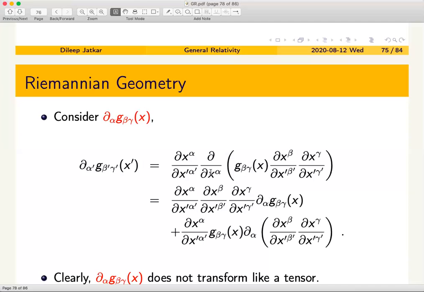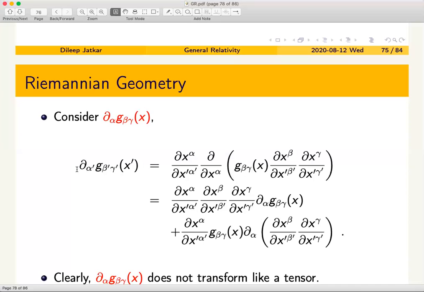But in addition to that, you could have a term where this partial derivative doesn't act on g but acts on the terms beyond that, on the del x beta and del x gamma pieces, and that gives you a new term. This new term is not a function of del of g. It's a function of g, but not of del of g.